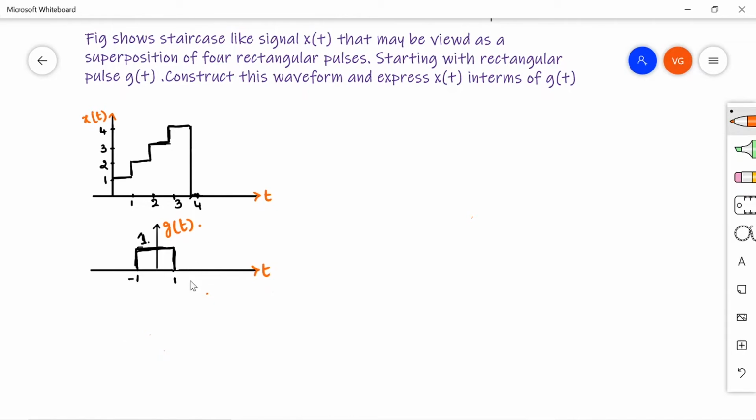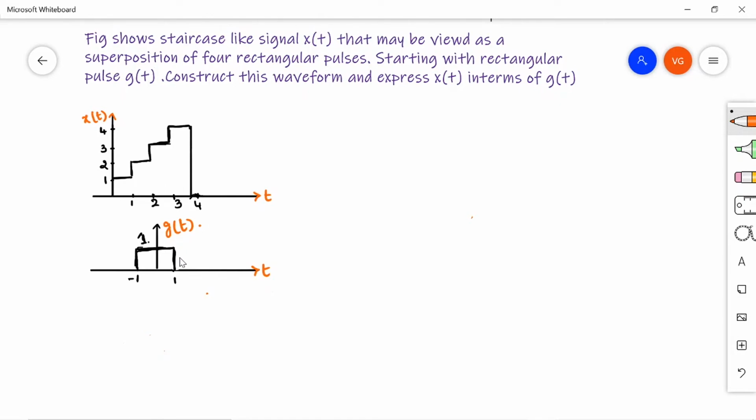First we have to check whether this base signal g of t is present in x of t or not. Definitely no, because g of t is a double-sided pulse, so you have both the left hand side and the right hand side. But here x of t is only on your right hand side.